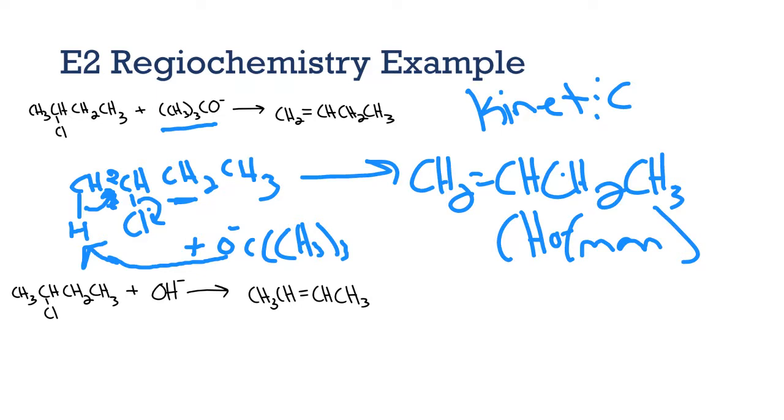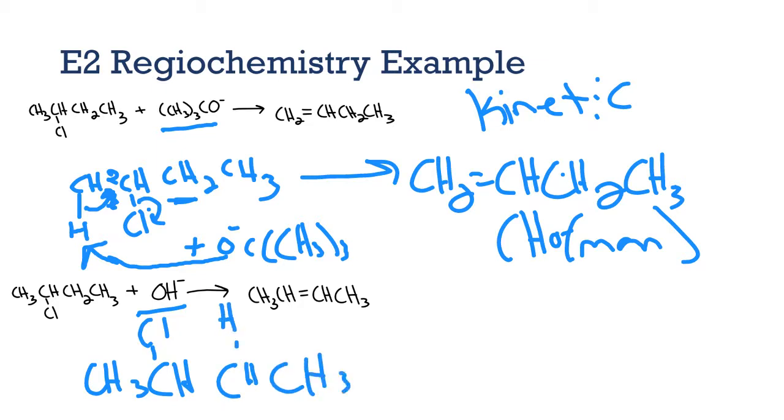Alternatively, if I use a non-bulky base like hydroxide here with the same substrate, I'll actually get the more stable product because there's no steric hindrance, because this is so small.